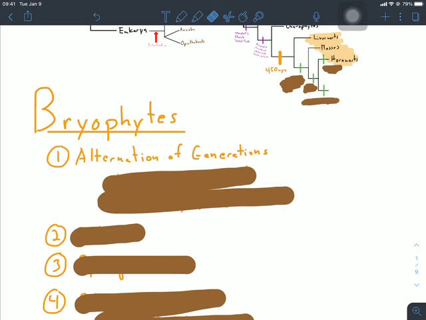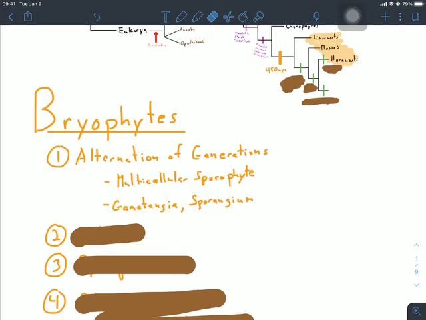Now, one of the things that we see consistent in our alternation of generations that is separating land plants from their green algae ancestors is a multicellular sporophyte, meaning that the diploid stage is performing mitosis.